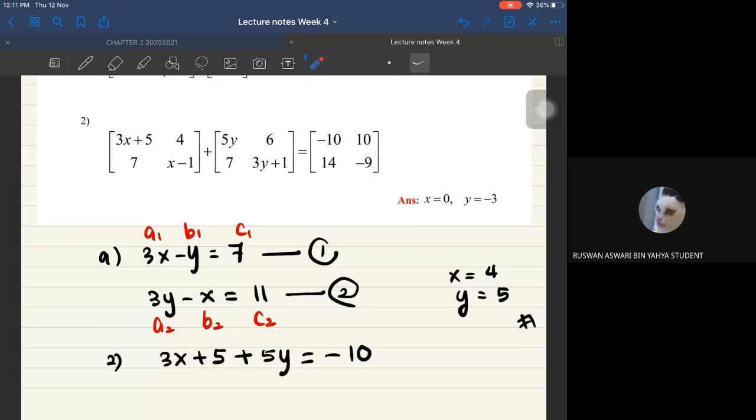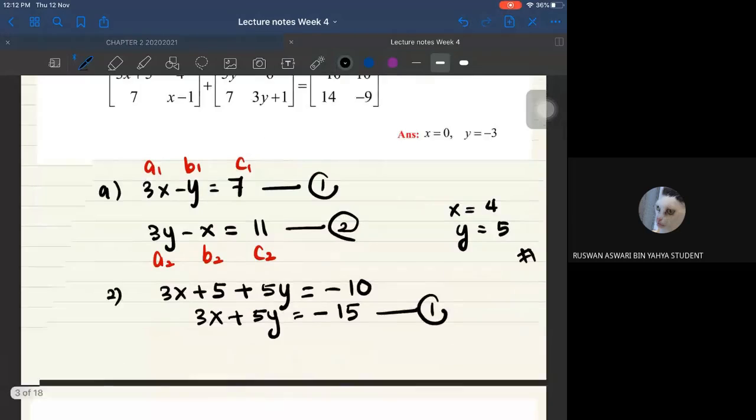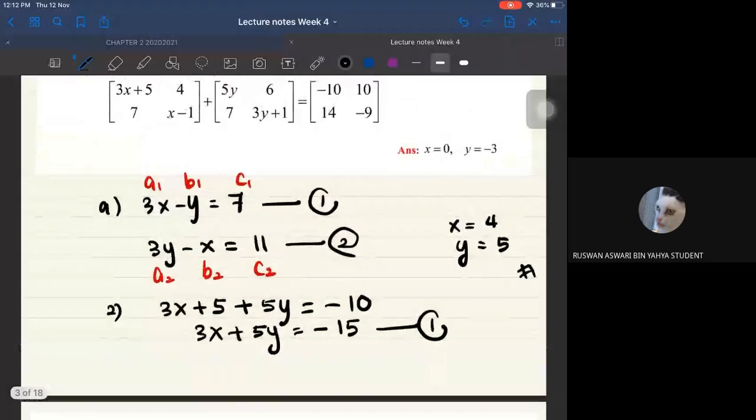Okay, so that you will have 3x plus 5y is equals to negative 15. So this one will be your first equation. So find the second equation and get the value of x and y.